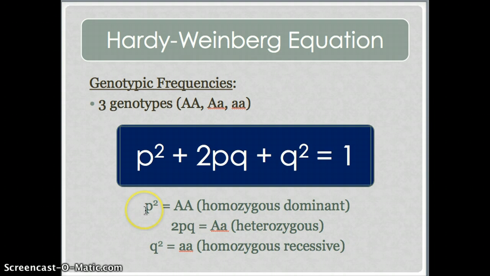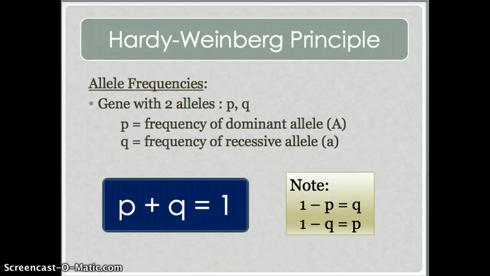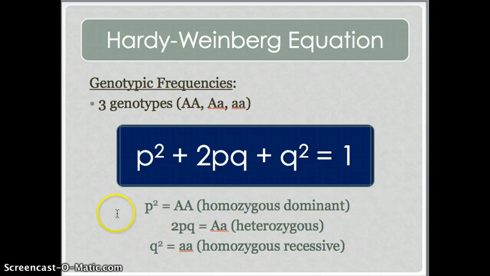So because we are in this environment, and early on we said that P plus Q equals 1, well, the expression of these genotype frequencies will also equal 1 because we're in an equilibrium, because we're not changing anything. So therefore, P squared plus 2PQ plus Q squared will equal 1.